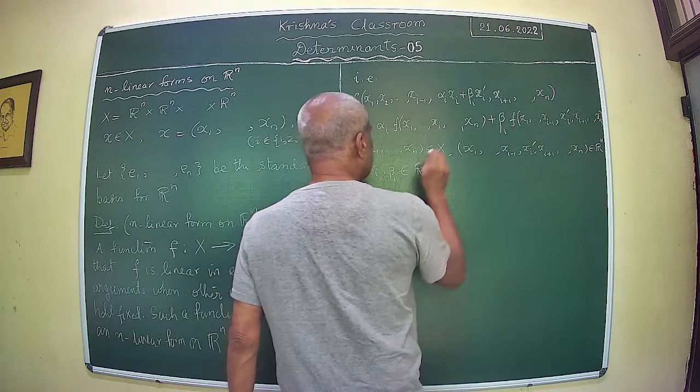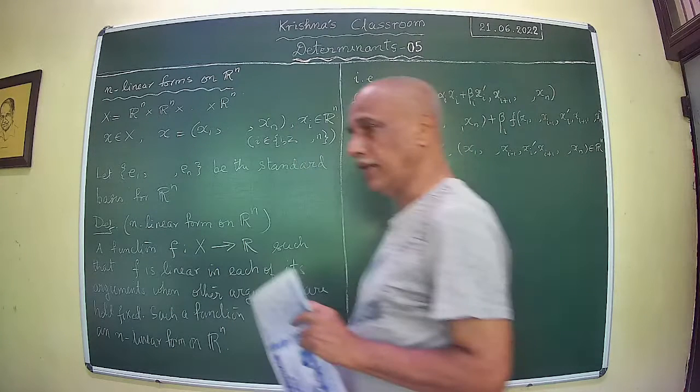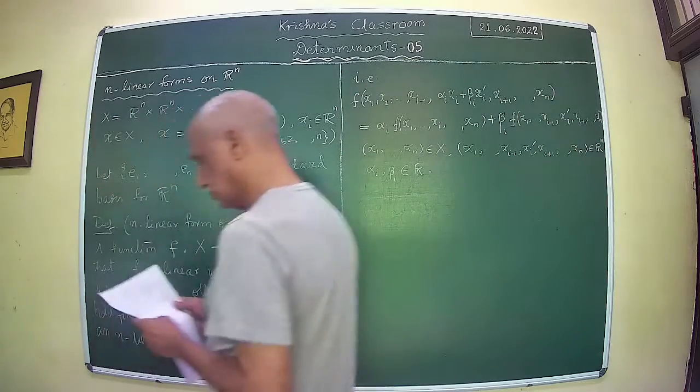Now it is true for every i. Then you say f is an n-linear form on Rn.